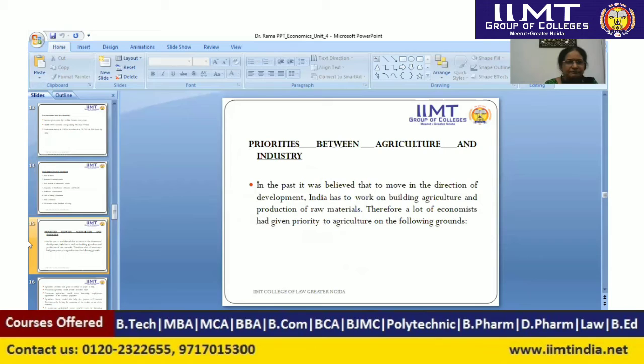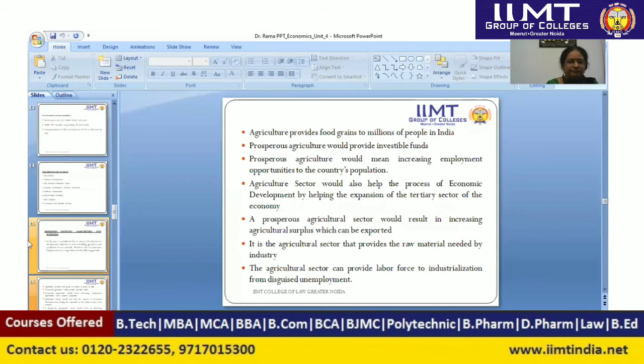Next is priorities between agriculture and industry. In the past, it was believed that to move in the direction of development, India has to work on building agriculture and production of raw materials. Therefore, many economists have given priority to it on the following grounds. Agriculture provides food grains to millions of people in India, and prosperous agriculture would provide investable funds.